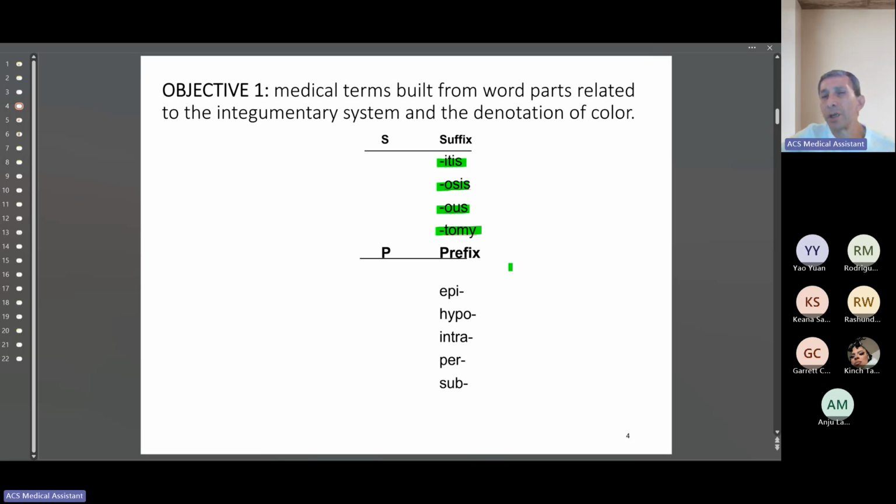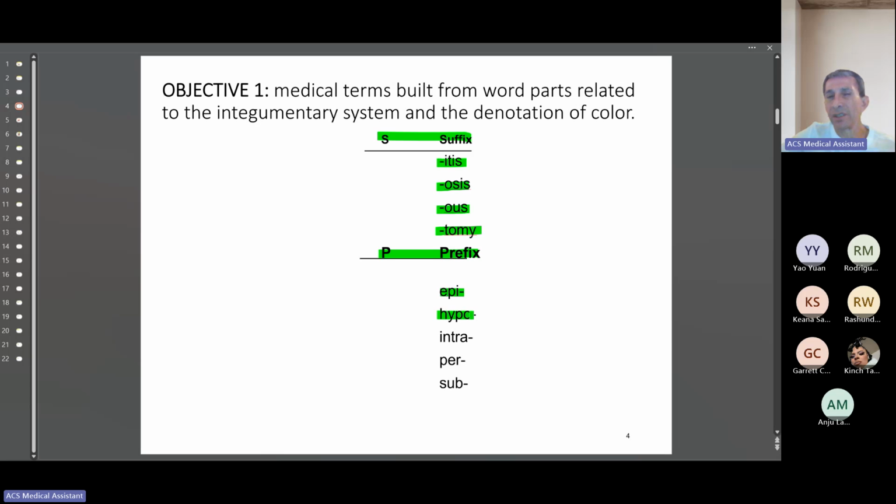Let's see some of the prefixes, because remember, these are suffixes at the end, and the prefixes before. Some of the most common prefixes that we're going to encounter are epi. Remember, epi means above. Remember, we just saw epigastric, above the stomach. The opposite is also true, hypogastric, below the stomach.